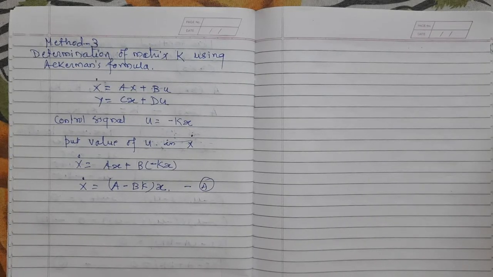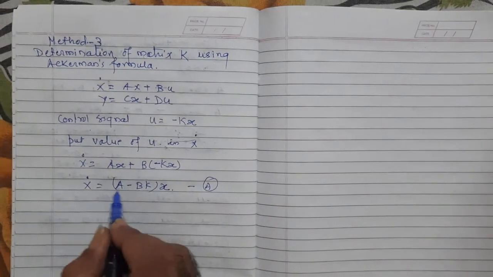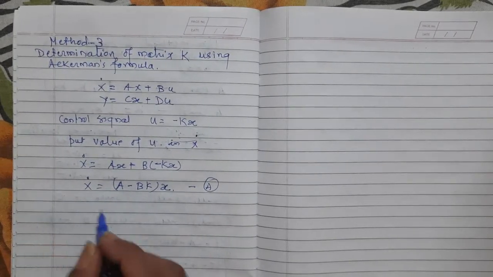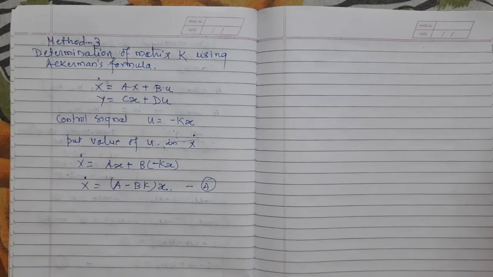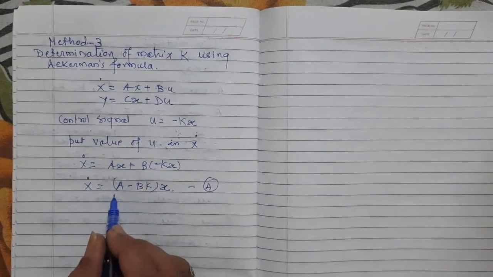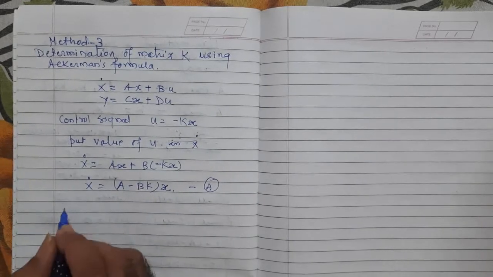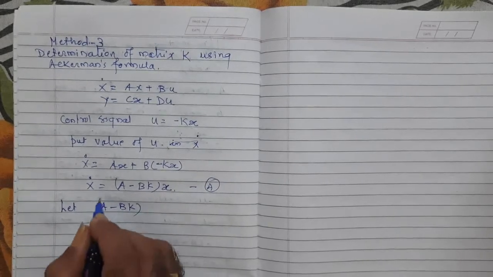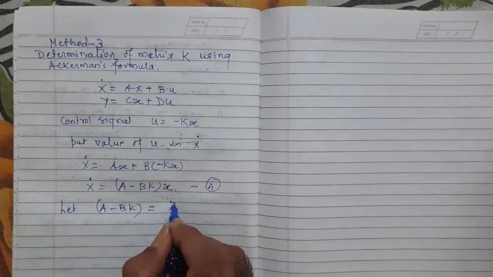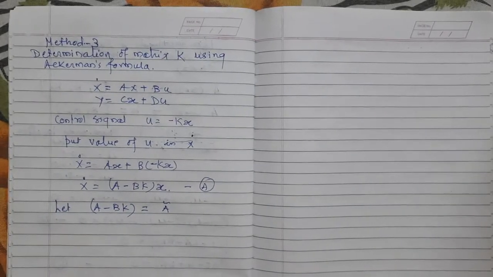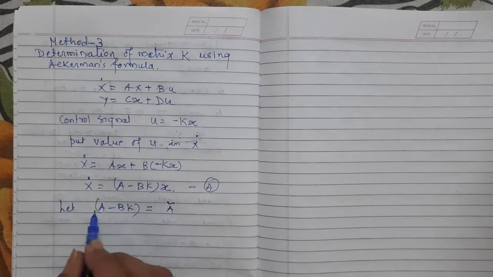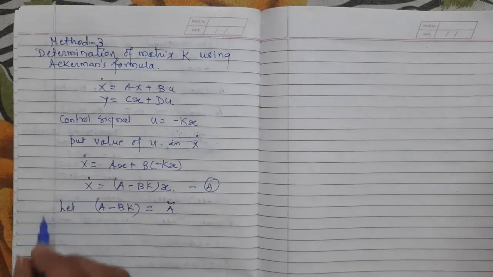Now see here, let a minus bk be written as a bar, so we can substitute this here.